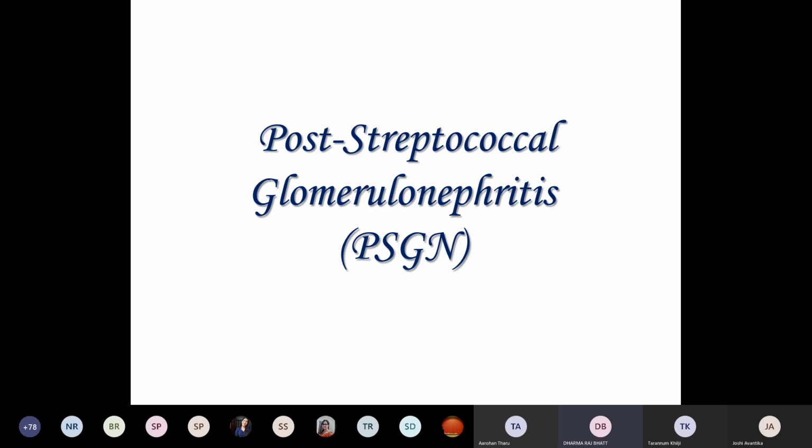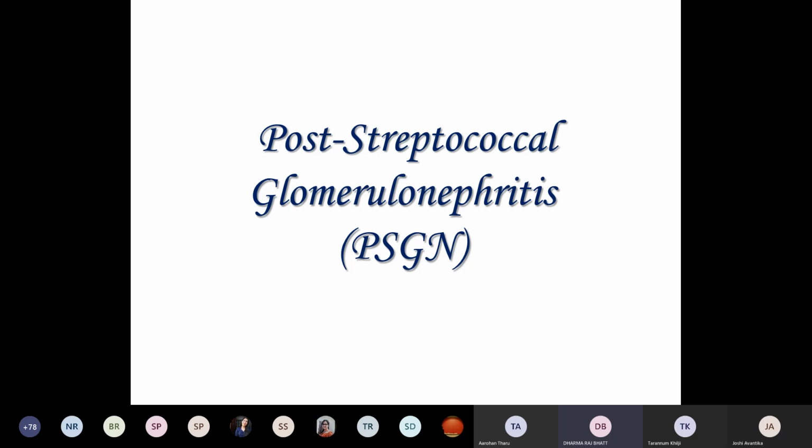Right. So we need to know about the species of streptococci, the group of streptococci, which are related to this condition, and about inflammation of the glomerular membrane, glomerulonephritis. Now, another term in the beginning is post.